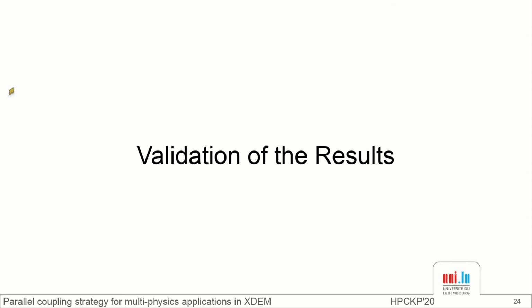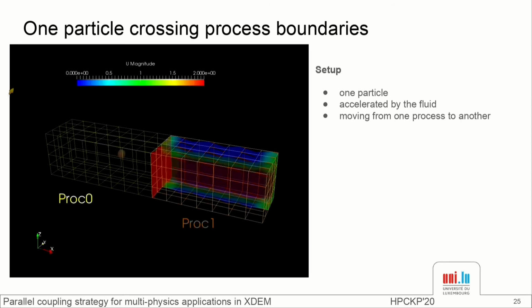Let's have a look at the validation of the results. So first, to validate the results, we will build a simple example, a very simple benchmark. For this one, we will take one single particle in a rectangular domain that will be accelerated by the fluid moving from the left to the right.